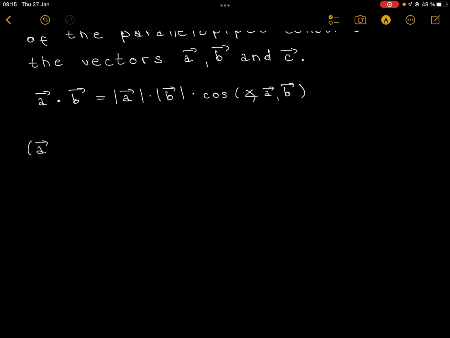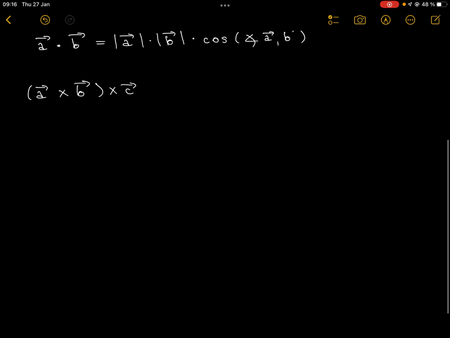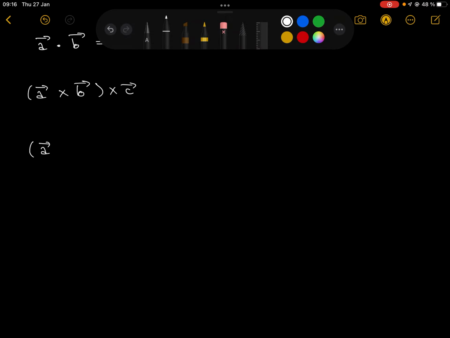the following vector, a cross product b cross product c. Now, how do we compute this? Well, first of all, we're supposed to find the cross product of vectors a and b.